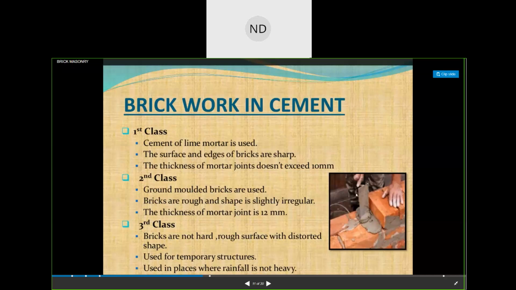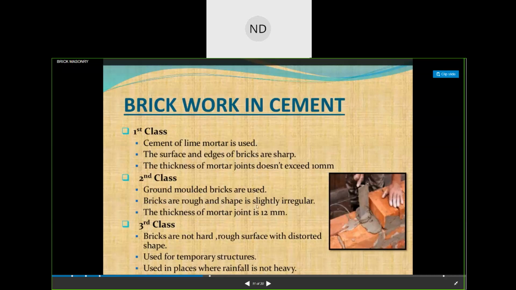So the brickwork is of how many types? It can be first class, second class, third class. First class brickwork means the surface is sharp, the edges of the bricks are sharp, and the thickness of the mortar does not exceed 10 mm.